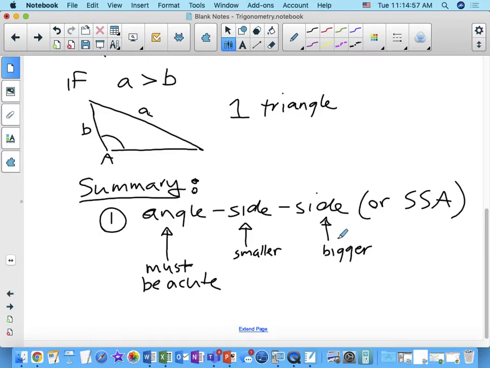Those are some of the hardest ones because you have to determine what's going on. If it's side-side-angle, you just turn this whole thing around. The idea is that the biggest side has to be opposite the angle, so there's a space in between.